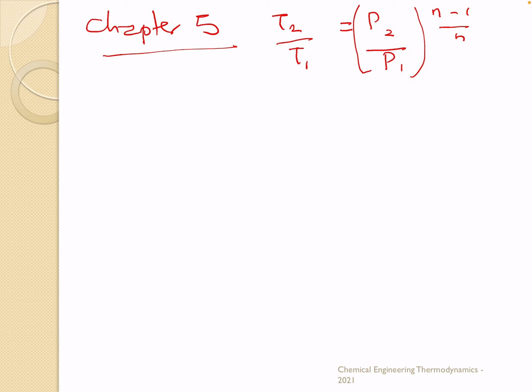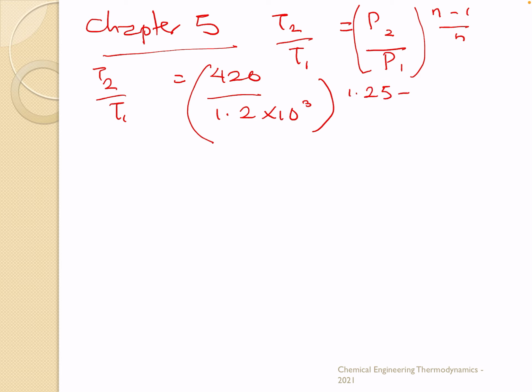So T2 over T1 equals 420 divided by 1.2 times 10 raised to the power 3, raised to the power of (n minus 1) over n, where our n value is 1.25.